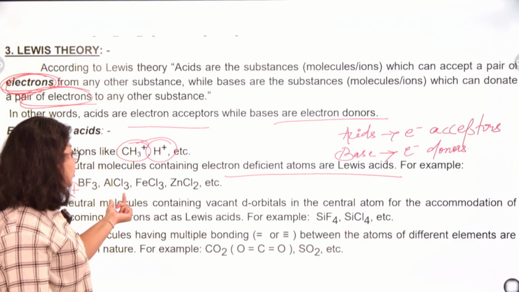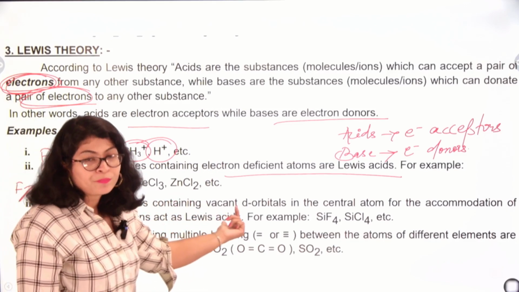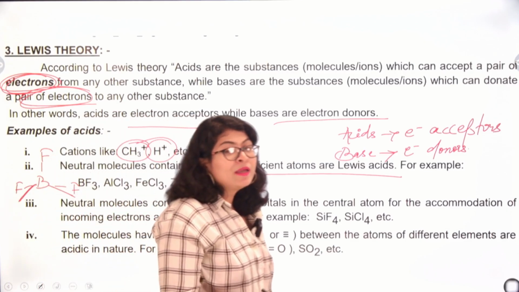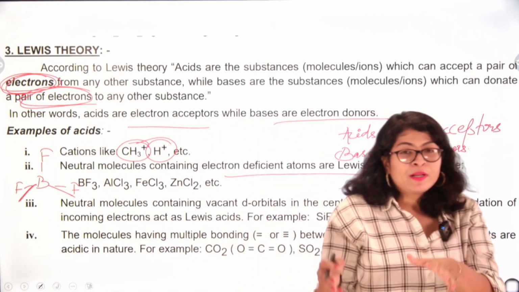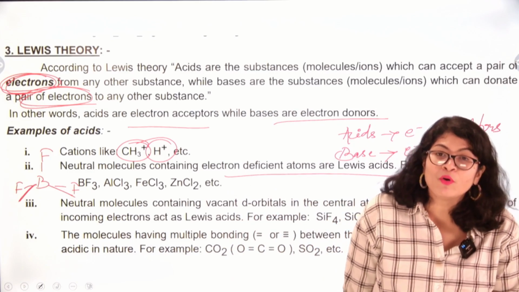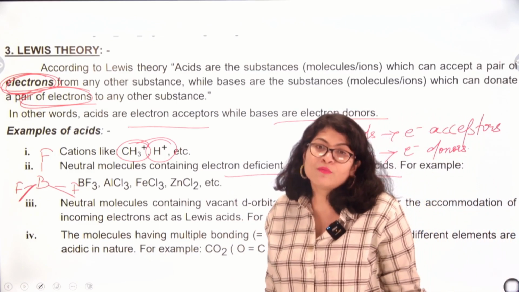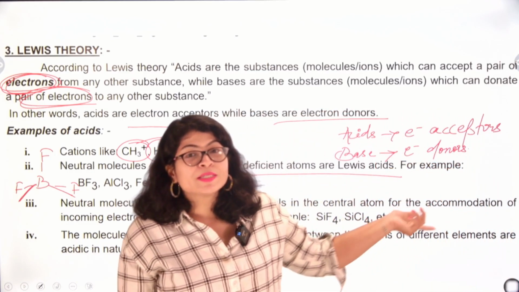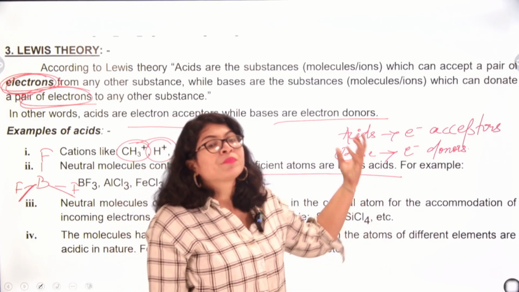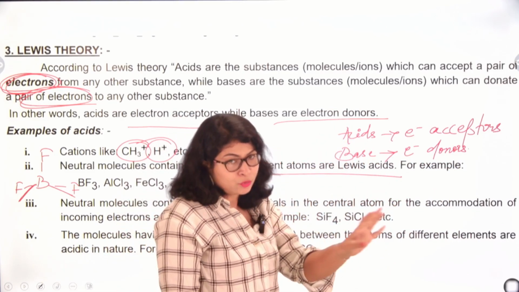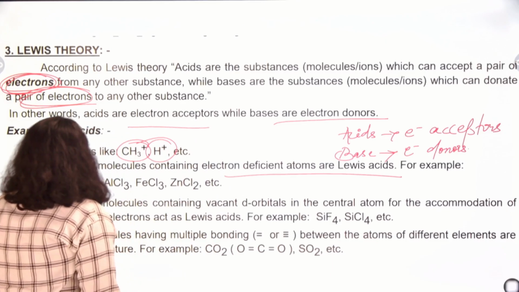Similarly, AlCl3, FeCl3, ZnCl2 are all surrounded by fewer than 8 electrons. Therefore, they fall under the category of Lewis acids because they always have a tendency to take up electrons from sources around them.